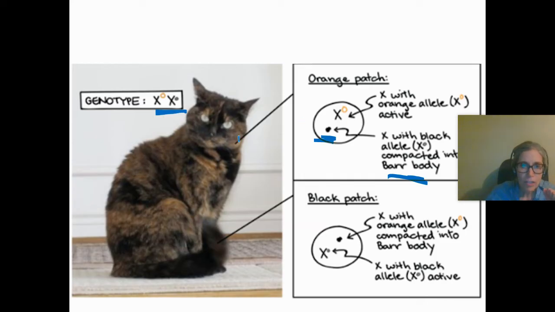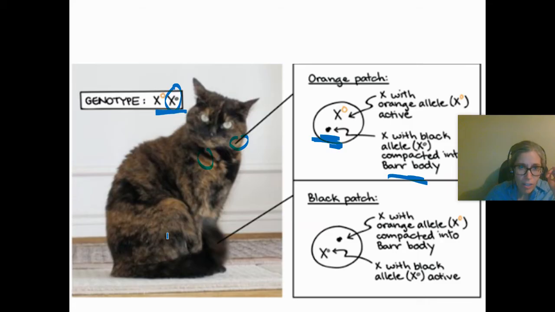And so in this patch that's orange, the cell that gave rise to those cells inactivated the chromosome that codes for black color, and it didn't make the bar body. The orange one is the one that's still used, so the bar body is the black one in this case.